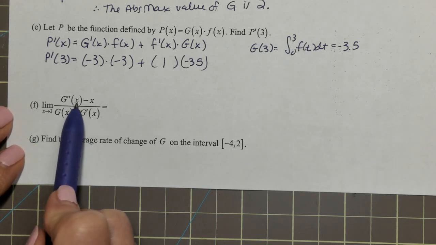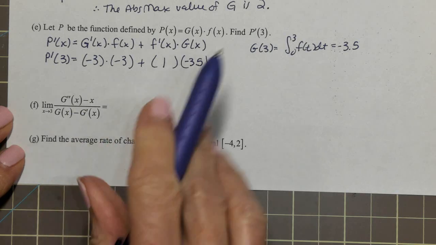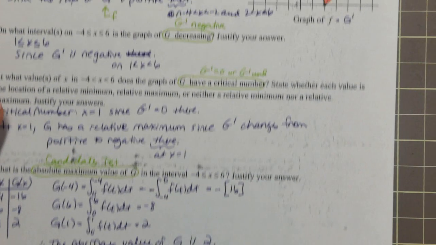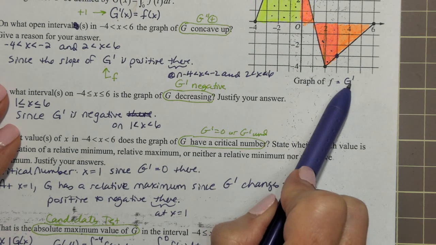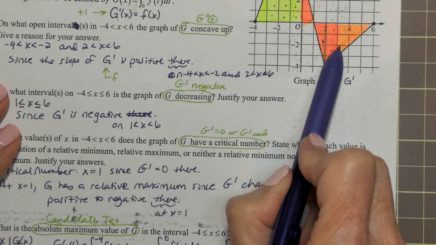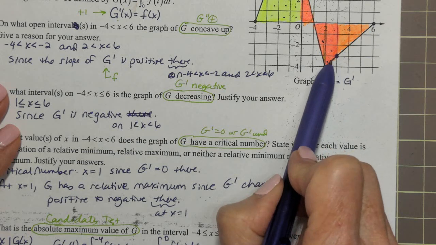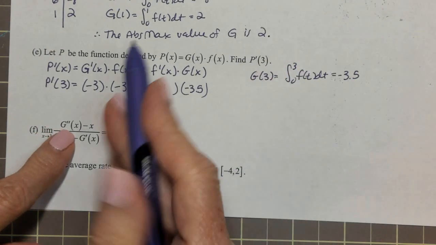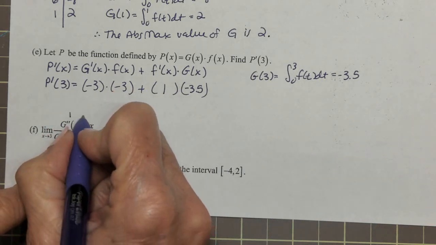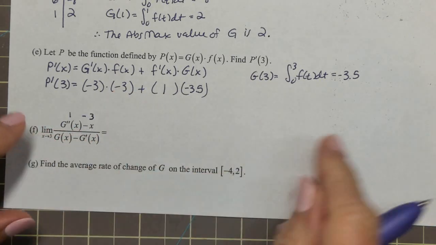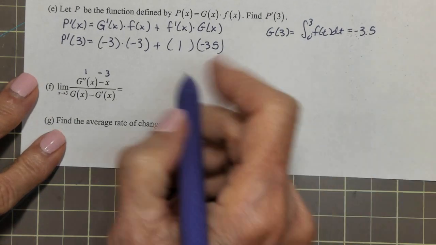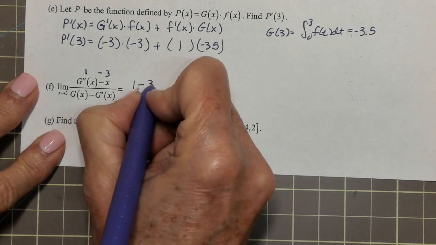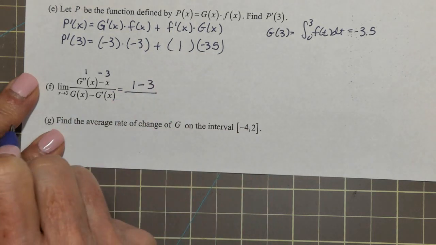So first we put 3 in for X. So G double prime of 3. Well, G double prime of 3 is the slope of G prime at 3, and the slope of G prime at 3 is 1. So this is going to be 1 minus 3. I am not going to get 0 over 0, so I am not going to use L'Hopital's. 1 minus 3 will not be L'Hopital's.